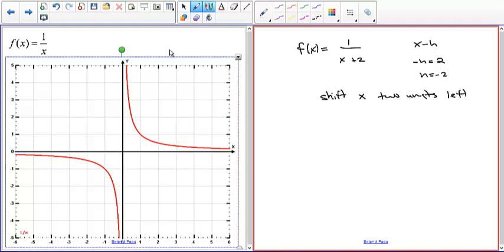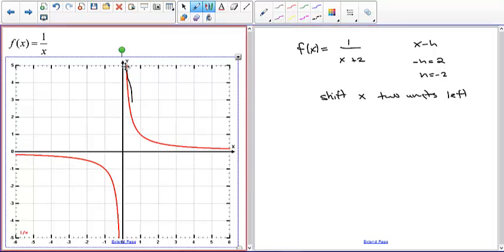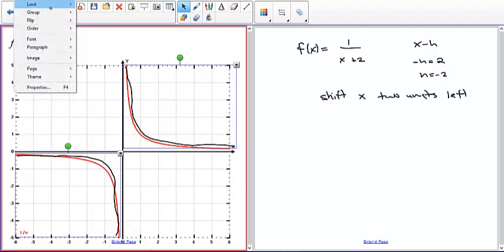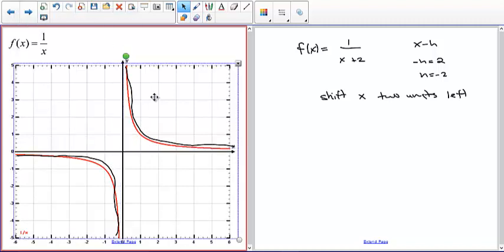So again, what I'm going to do is kind of trace over this bottom part. Not the best drawing in the world. And what I need to do is grab these two and group them together, because relative to each other, they stay the same.